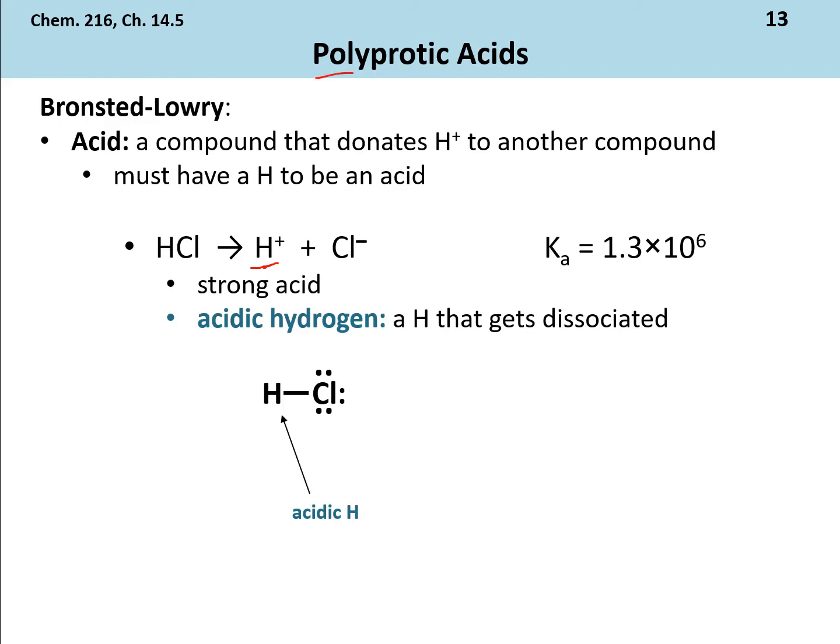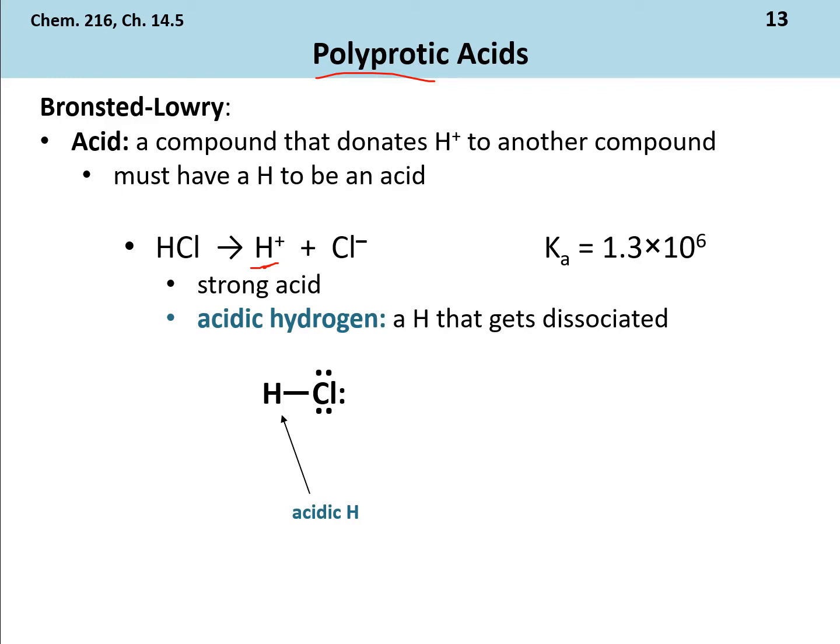Polyprotics have multiple. Let's go back and remember what an acid is. An acid is a compound that donates H plus to another compound. What this means is that you must have a hydrogen to be an acid. If I don't have a car, I can't donate to Cars for Kids. I need a car to donate it.